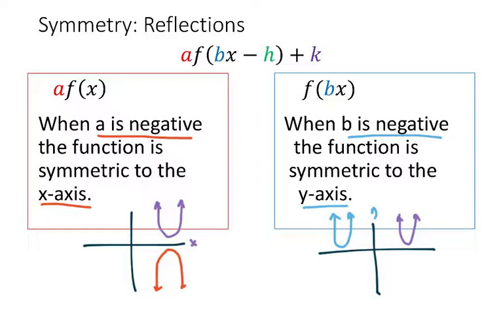Alright, ultimately what I like to think of it as, especially if you look at it here, what we're trying to do is A is negative, and f of x is actually y, right? So all we're saying is that all of the y values have become negative. Okay, so that's what happens when A is negative, all of the y values become negative.